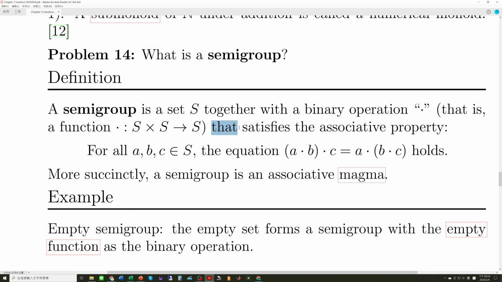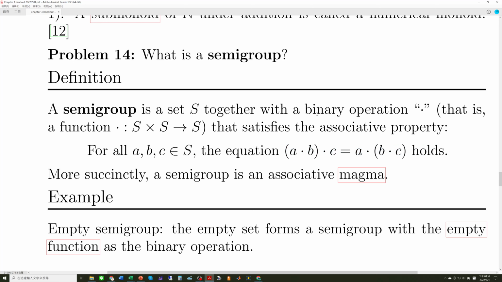It satisfies the associative property: for all a, b, c in S, the equation (a · b) · c = a · (b · c) holds.